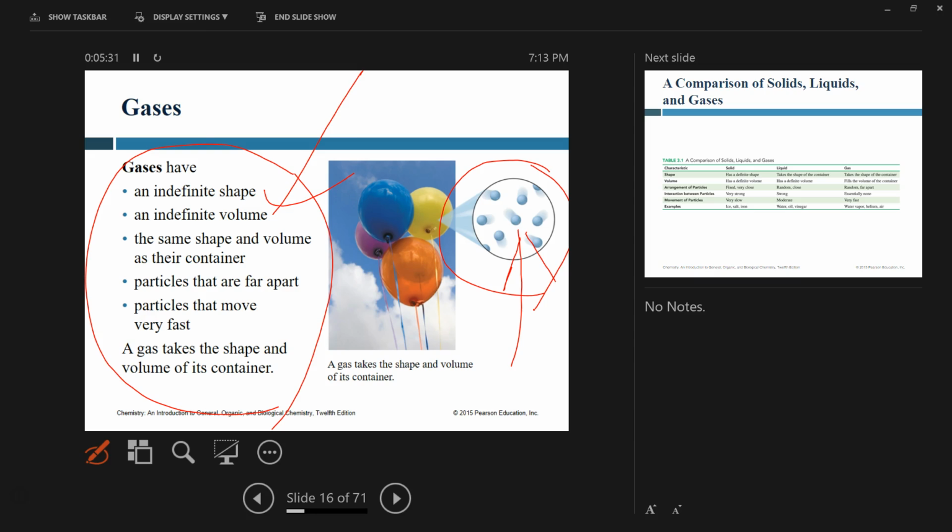I don't know, kind of start to squeeze them together. Okay? Now particles become less and less far apart and then become closer and closer to each other. As they become closer to each other, how will it affect the rate of movement, rate of motion? They're going to slow down. Particles, when they're close to each other, move slowly. Which physical state is characterized by this?